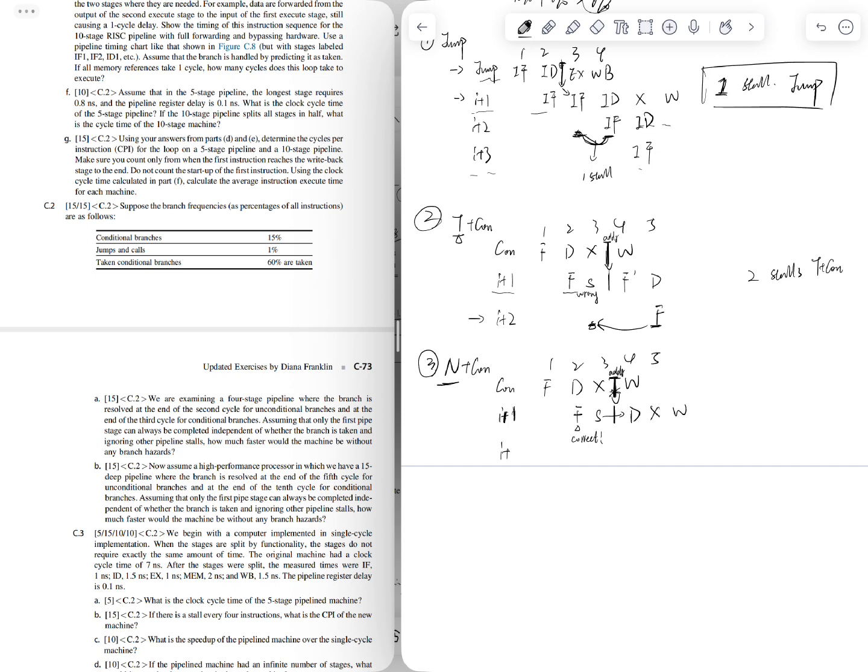So for instruction I+2, we can start our fetch from cycle 4. How many stalls? Ideally we should start at cycle 3, but now we have to go to cycle 4. So there is one stall for the not taken condition.